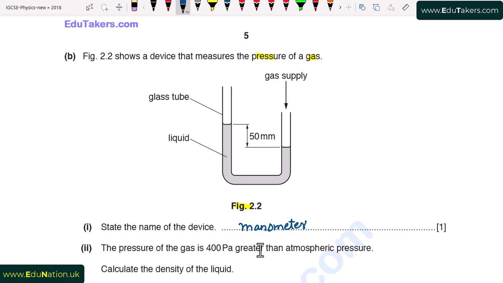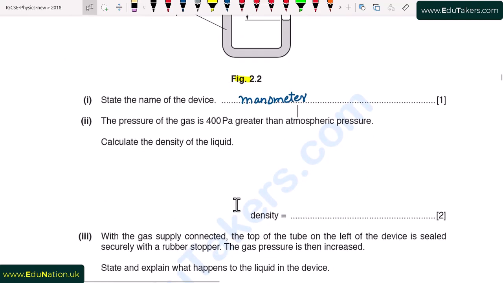Part 2. The pressure of the gas is 400 pascal greater than atmospheric pressure. Calculate the density of the liquid. Here we have to find out the density of the liquid. So the pressure due to the liquid will be equal to rho g h, that is the product of density, acceleration due to gravity and height.